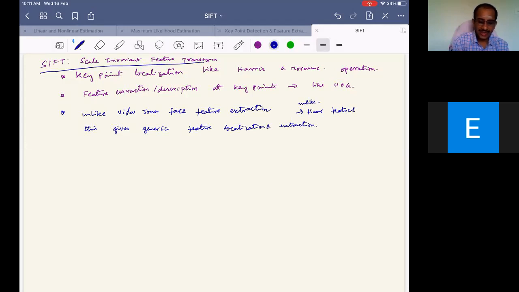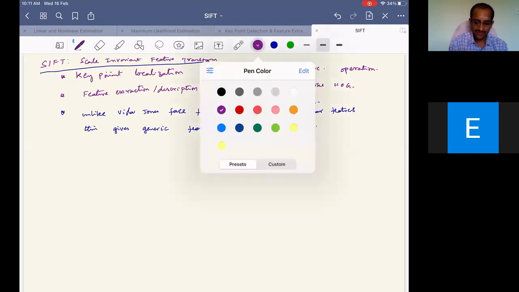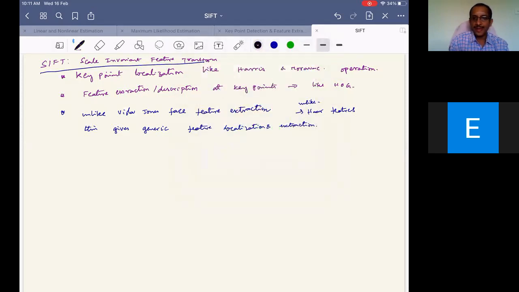Okay. So given this, let us see what the steps are in this scale invariant feature transform. Mainly, as I mentioned, it has invariance across scales. It also gives the orientation with reference to a particular orientation. It also has several steps by which it eliminates the false key points. Usually, as we have seen in the earlier examples, there may be many false key points that appear.